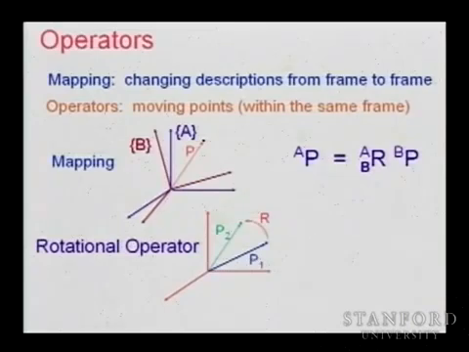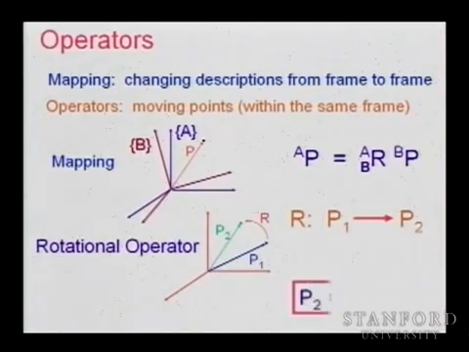And this is very useful later when we compute representations. You will find it very useful to compute transformation between different frames. So R here is operating on P1 to produce P2. Okay? So P2 is the rotation applied to the vector P1.